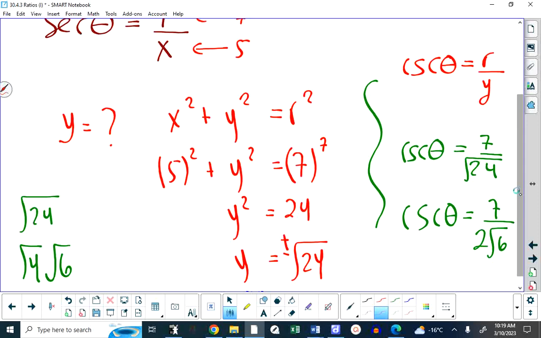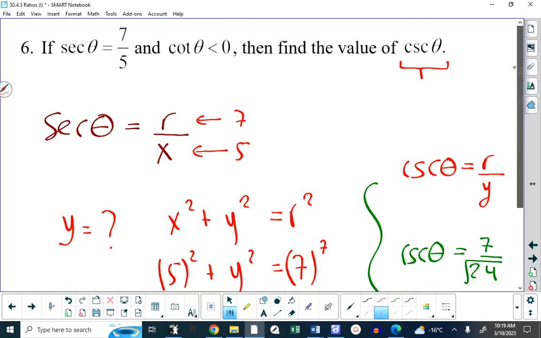Now, which is it? We've seen cases in math in this class and in Math 20 where the or means actually both. We end up with 2 sets of solutions, 2 x-intercepts maybe. But we've seen cases where you have to look at the context of the question and pick which one is right because maybe one is not right. And one is not right here. And you're told up here, I know we get used to seeing stuff like this and you go, it probably doesn't matter. It does matter here. You're told cotangent of theta is negative. And cotangent of theta is x over y.